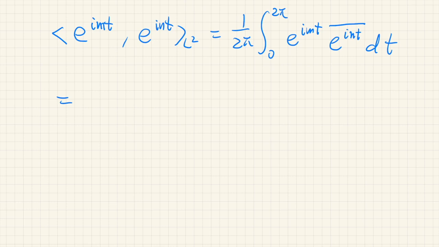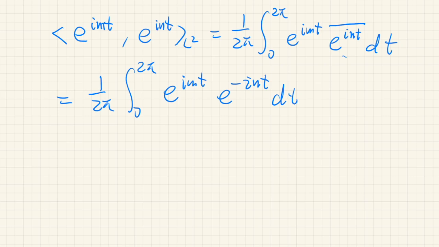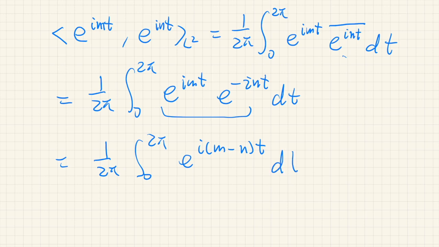So the complex conjugate of this function is just, we negate the exponent, e^{-int} dt. So combining these exponential functions together, we have e^{i(m-n)t}.